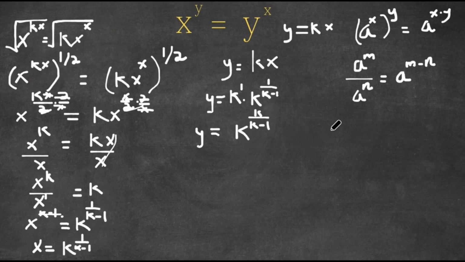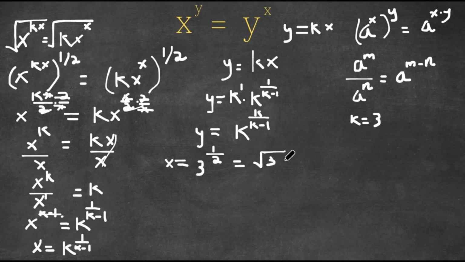So now, let's say that k is equal to 3, because it's a constant, so we could set it to whatever we want. Then x would equal, we're replacing k with 3, so 3 to the power of 1 over 3 minus 1, which is 2, and 3 to the power of 1/2 is the same thing as the square root of 3.